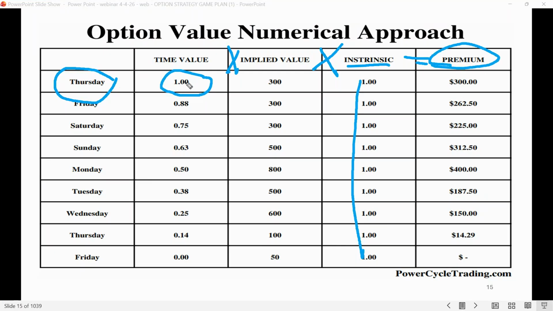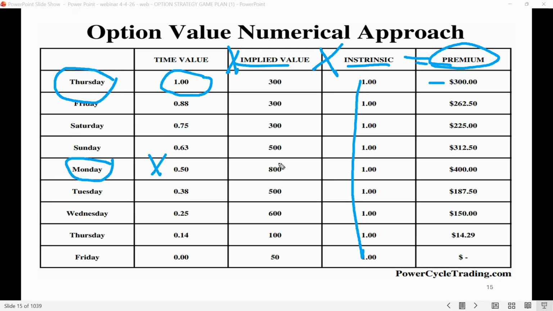So day 1, we have 100% time, and if I plugged in a number like 300 for the implied volatility, that gives you a premium of $300. Now, when you come in after the weekend, say on Monday, your time component has been cut in half. So 50% of your time is gone, that's decayed.